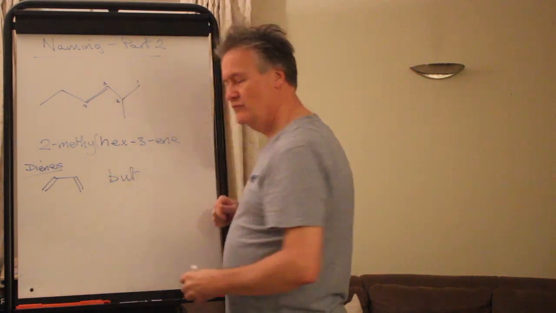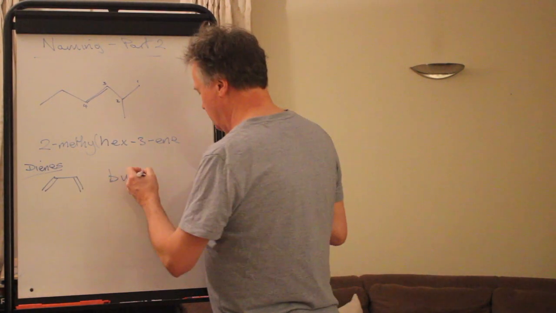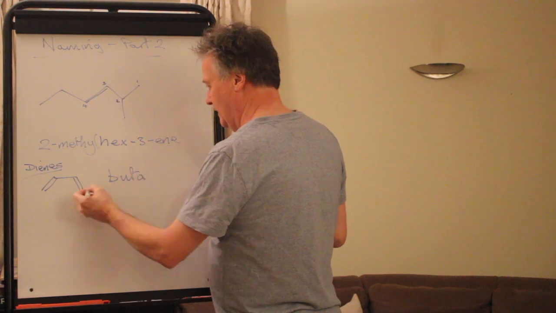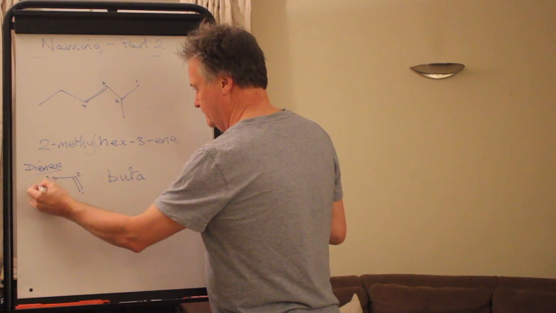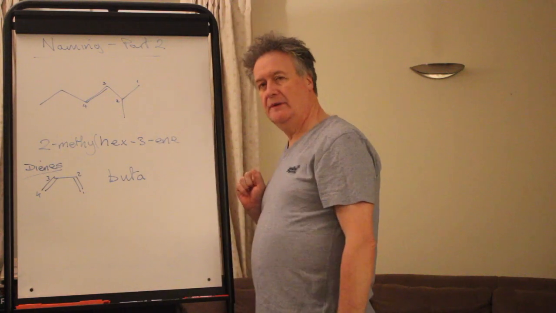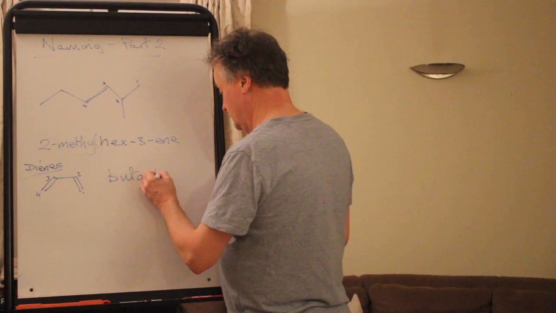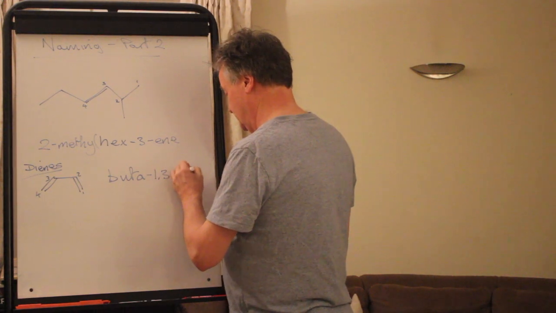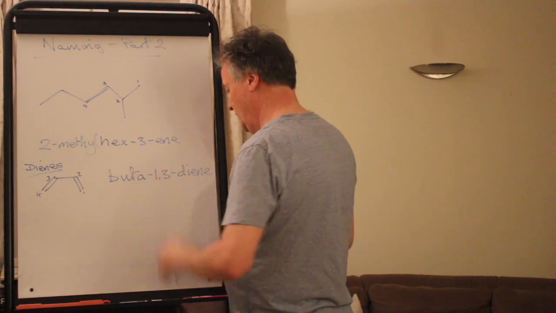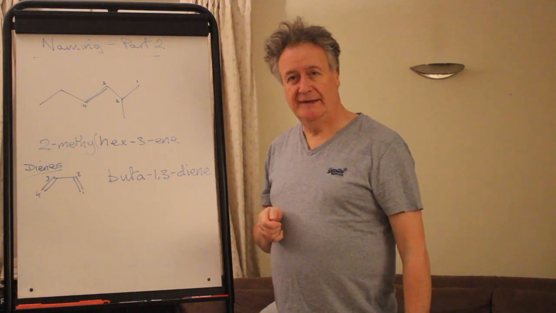So that's the way to put the word together. Numbering 1, 2, 3, 4. It's the same if you do it the other way. Buta-1,3-diene.